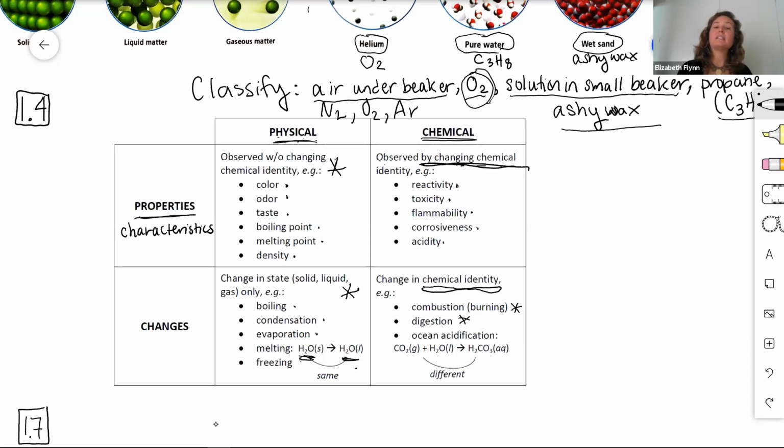Also, like we talked about today, ocean acidification is another example of a chemical change where carbon dioxide and water react to form carbonic acid, an entirely new chemical composition. So questions on these classifications? We're going to do a lot of examples right now.